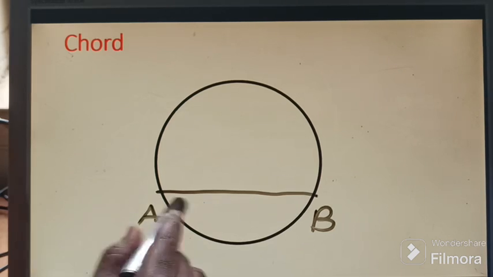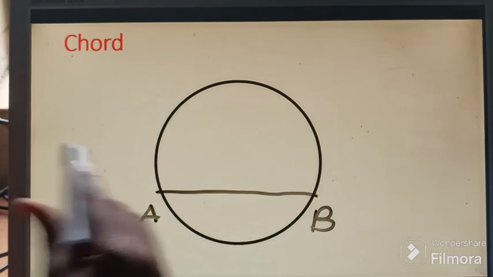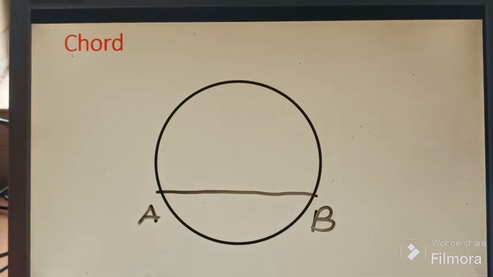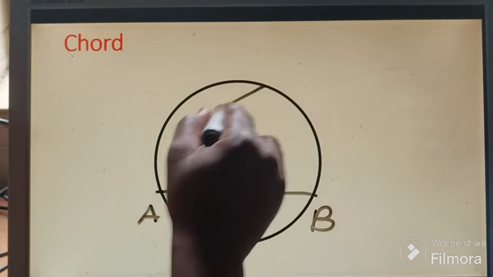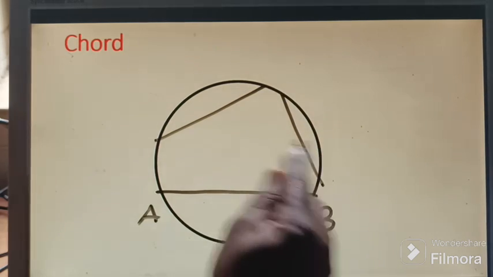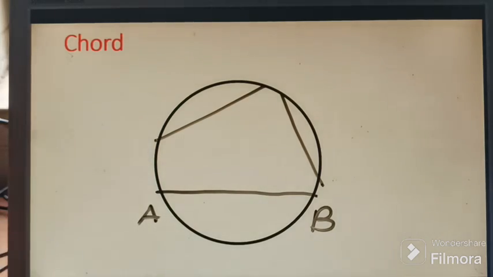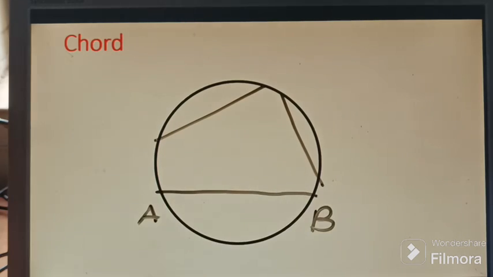So if it cuts 2 points on the circumference, it's a chord, a straight line cutting 2 points on the circumference. The condition is that it cuts our circumference at 2 points, then that becomes a chord.